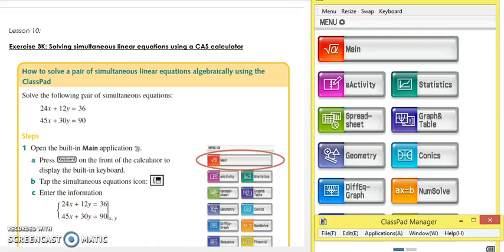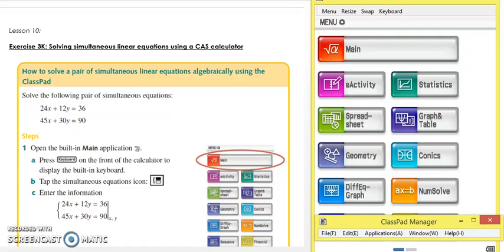This will be the fourth and final way of solving simultaneous linear equations using a CAS calculator, but not necessarily graphing it, but having the calculator solve it by itself in the main menu.